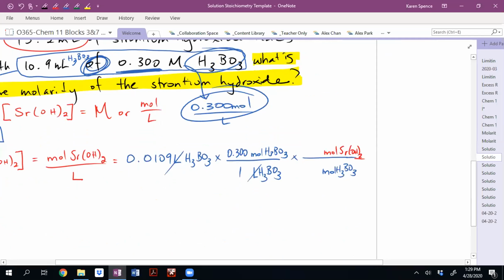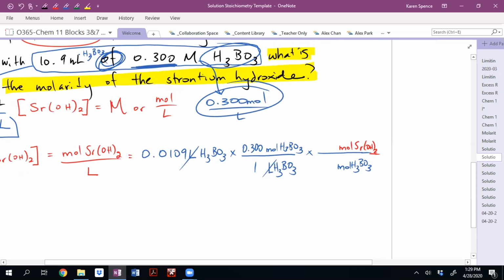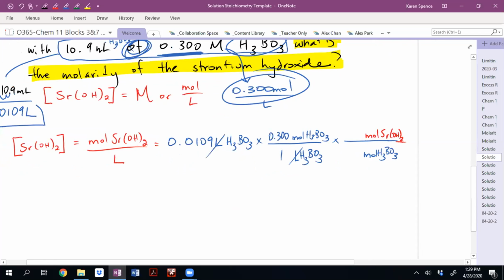What do we need to do that? Do we have a balanced equation first? We need a balanced equation first, so good. Yeah, let's do that.